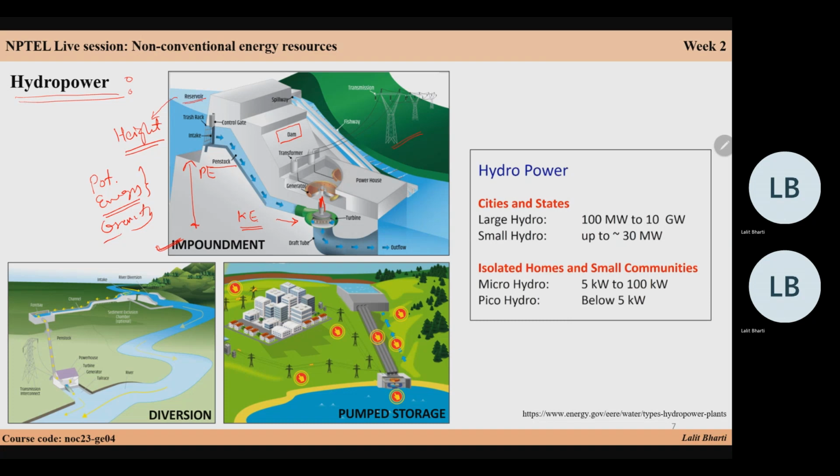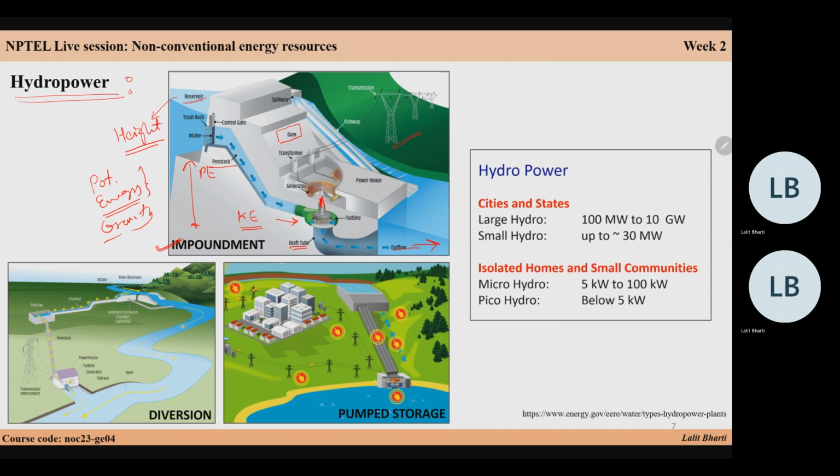Okay, and the outflow: the water after the rotation of the turbines comes out through this outflow. So this is a very much used way of generating energy with the help of water. So this is the main type of hydropower generation.